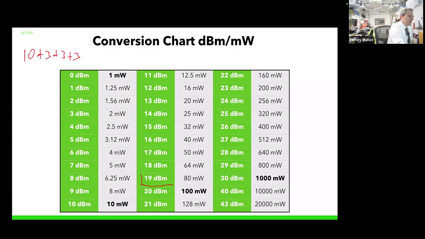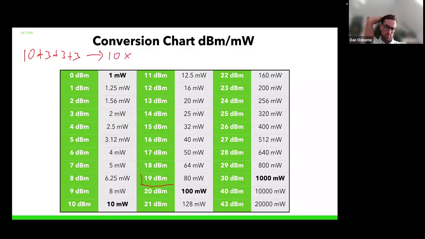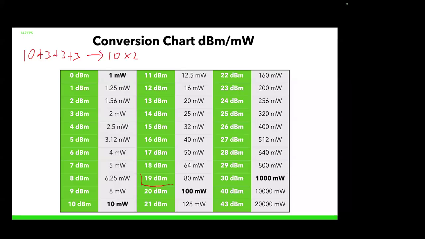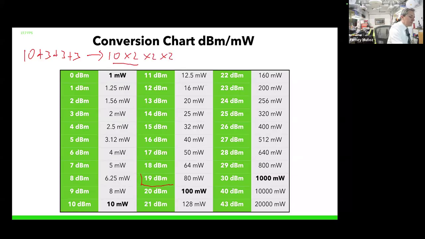Now, what does that become on the other side? 10 times 2 times 2 times 2. 10 times 2, 20. 20 times 2, 40. And 40 times 2, 80. 80 milliwatts. See, it's right there.